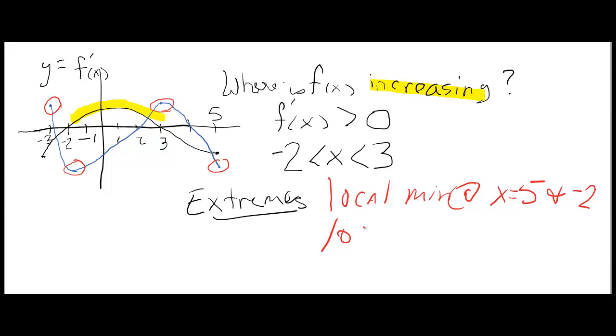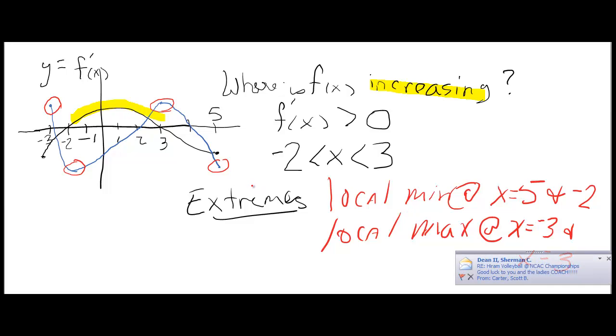Whereas we have a local max at x is -3 and at x is 3. Okay, so we see these local extrema occur at the endpoints and also where we have the derivative equaling 0. Okay, so that's what's going on. That's what we'll be investigating.